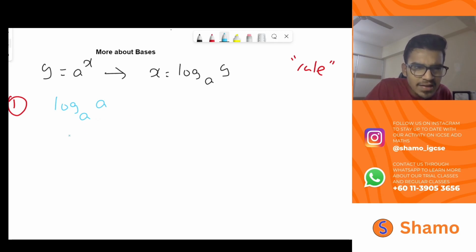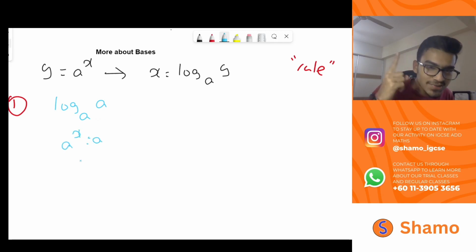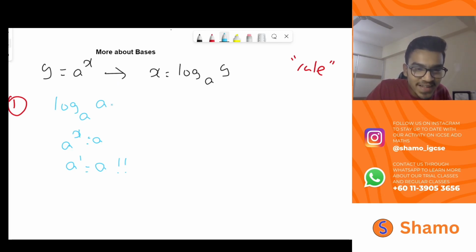So a to the power what gives you a? Just 1, right? A power 1 is equal to a. So log base a, argument a is just equal to 1. That's simple.